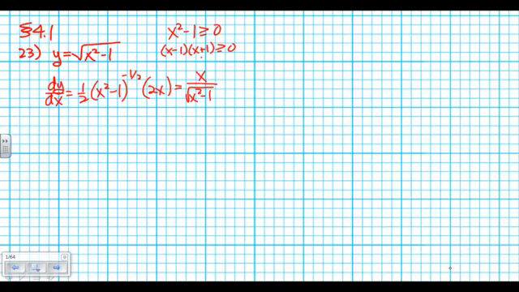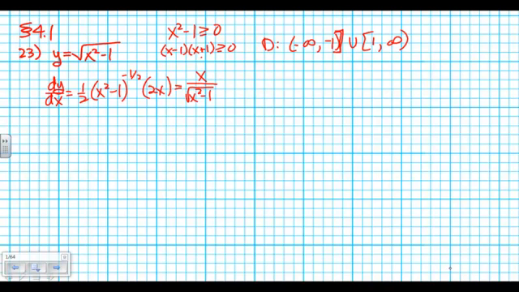They're both negative when x is less than negative 1. This domain ends up being the interval from negative infinity to negative 1, including negative 1, and 1 to infinity. Those are the locations where that function is even defined.